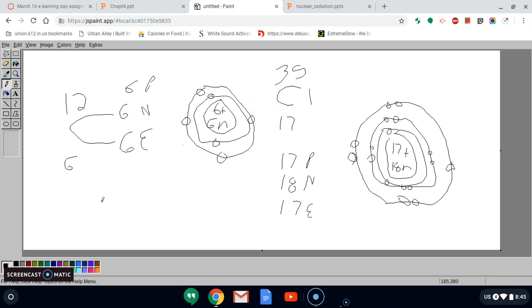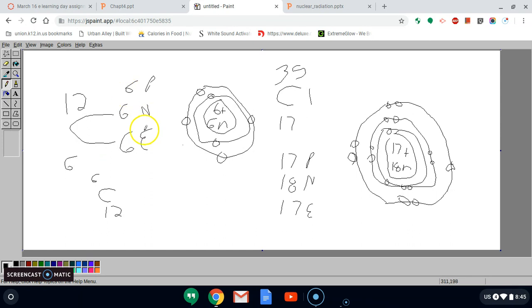So yours might look like you have carbon, and then you have the 6 on the top and the 12 on the bottom, so I don't confuse you too much. I just do this the way mine normally is. But no matter what, the smaller number is always your proton number, 6 protons. Because atoms are electrically neutral, you have 6 electrons.